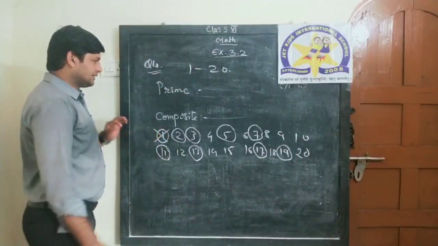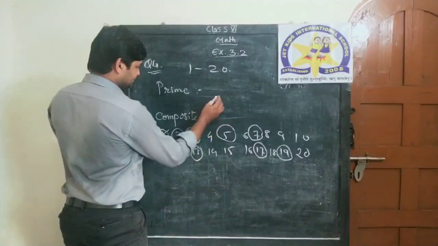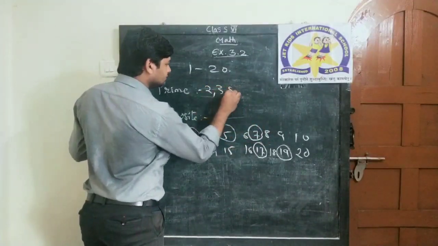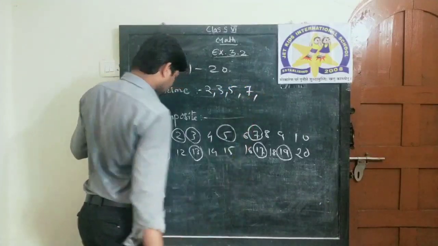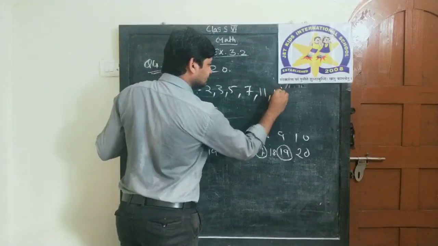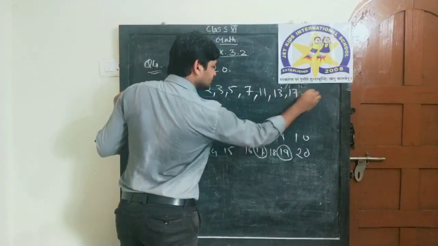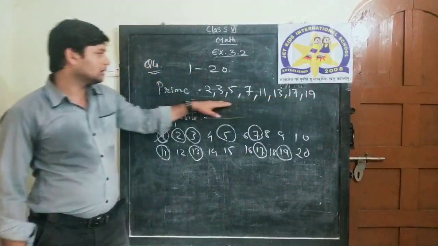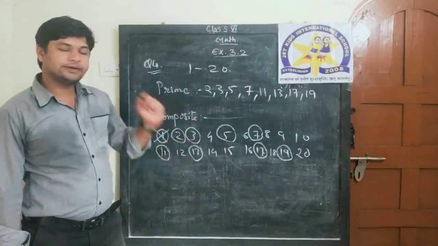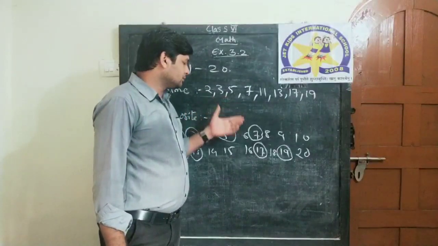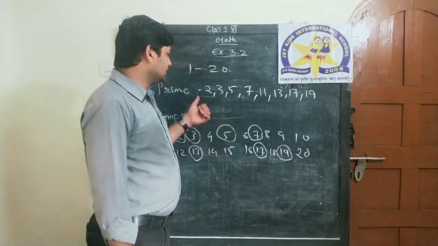Clear? So the prime numbers are 2, 3, 5, 7, 11, 13, 17, 19. These are the numbers between 1 to 20 that do not come in any other number's table.